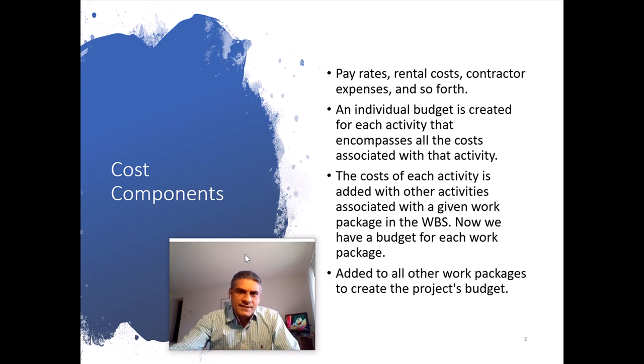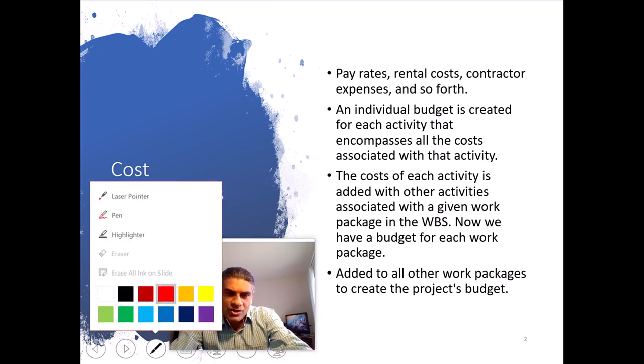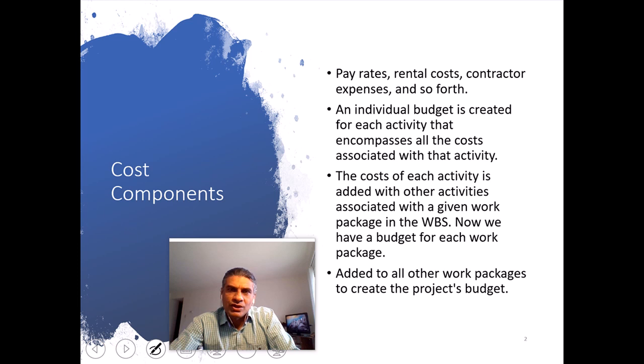So in this case, we have to understand the cost can come from the pay rates, because if a task needs to be executed, we are consuming the manpower or the labor, as well as we are also consuming materials, raw materials or finished product or some extra stuff that adds on to complete the work.